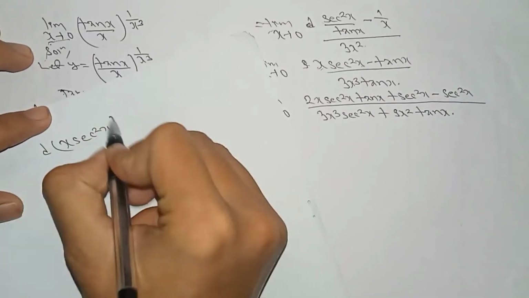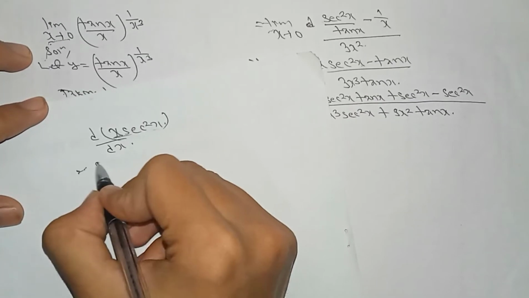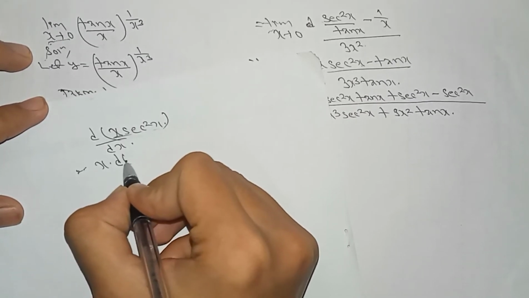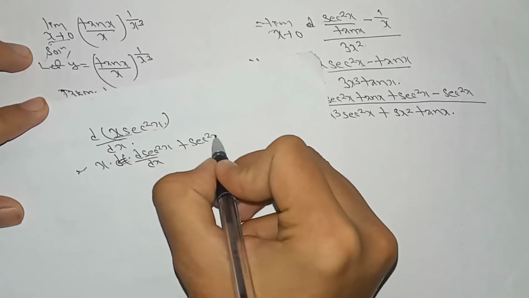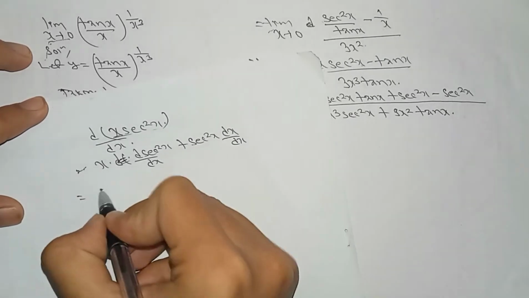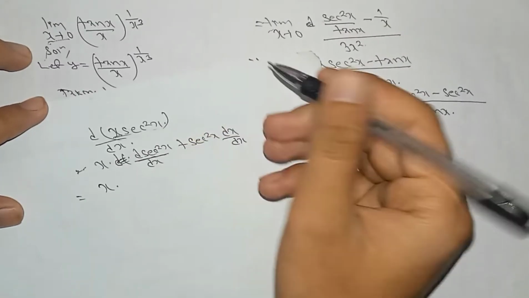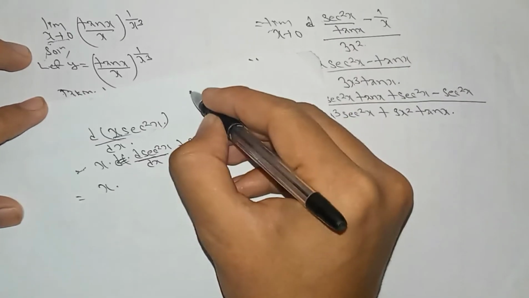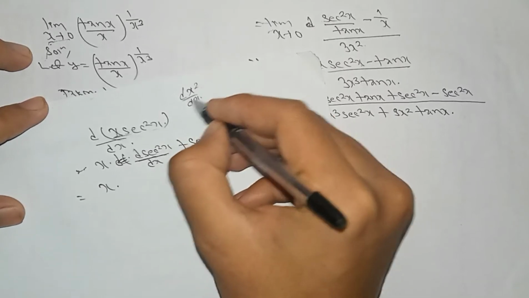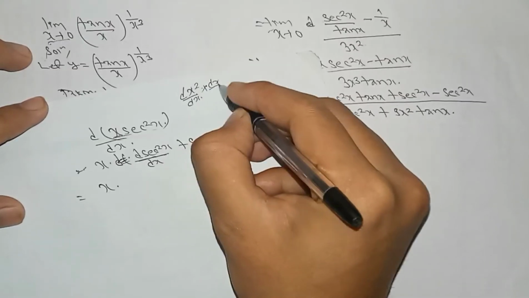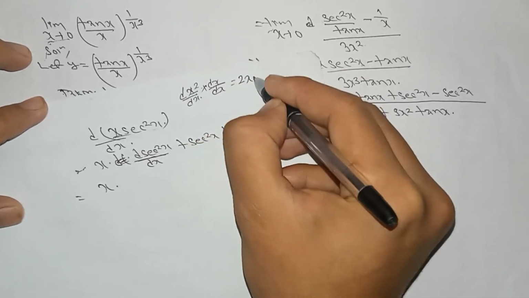Okay, we have to differentiate this with respect to x, so we apply the multiplication rule. First of all, we have x d sec square x by dx plus sec square x dx by dx. Here we cannot directly differentiate this term. Suppose we have a simple example, d x square by dx. We cannot directly do it; it is performed like this: 2x, and the derivative of x by dx is 1, so that is 2x.